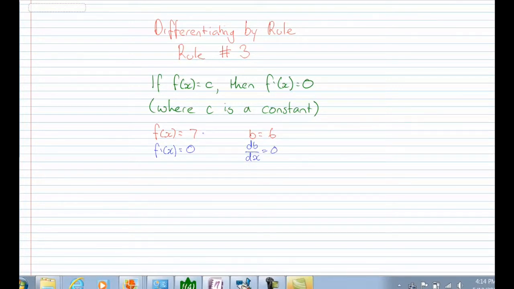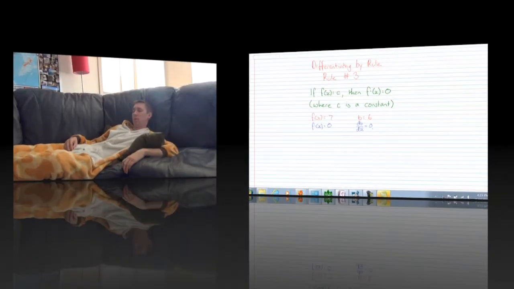Because there's no power for x, and if you multiply that by 0, you end up with an answer of 0. So in order to get a value, this must have an x next to it. So when you differentiate a constant, you end up with a gradient of 0, as can be seen for both of these equations.